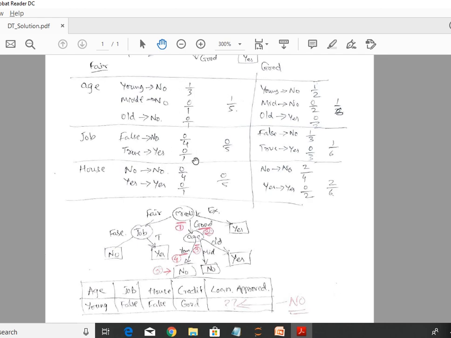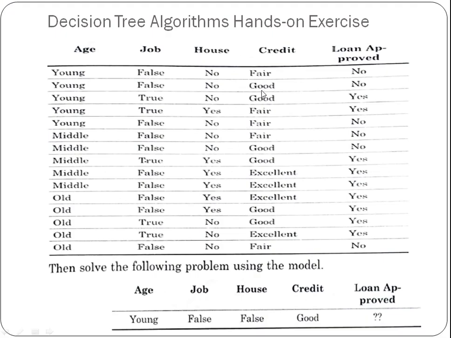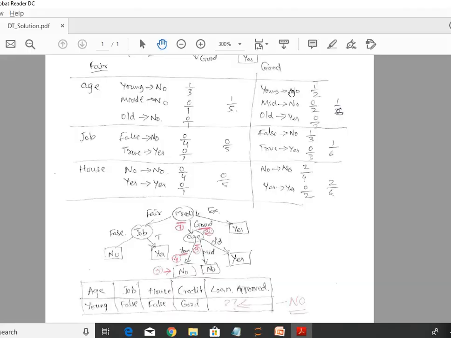Similarly, on the good branch, you are going to assign the data pertaining to credit equals good. On that particular branch, you will have these records. Total 6 records will be there, and you will conduct a similar analysis.